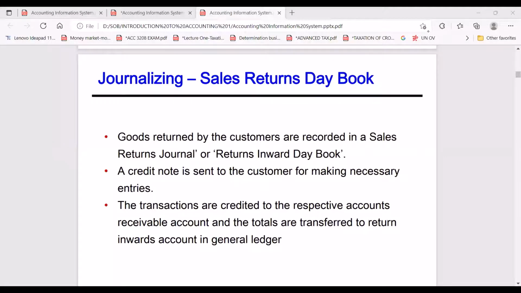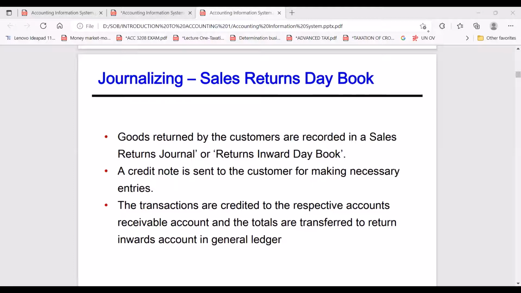The next concept is about the sales return daybook. In a situation where goods are returned by a customer to the business, such returns are recorded in the sales return journal or return inwards journal. And a credit note is issued and sent to the customer who has made the return. It is the credit note information that is entered in the sales return daybook or return inwards daybook.